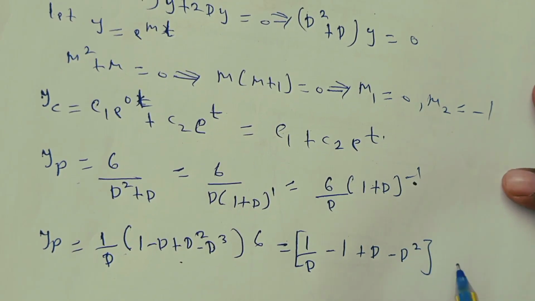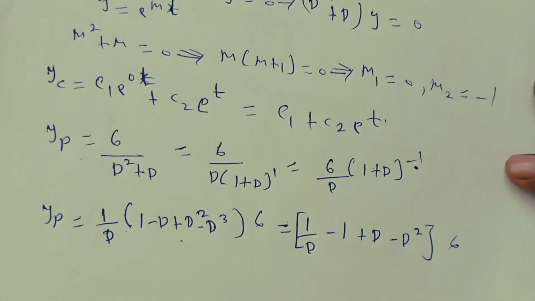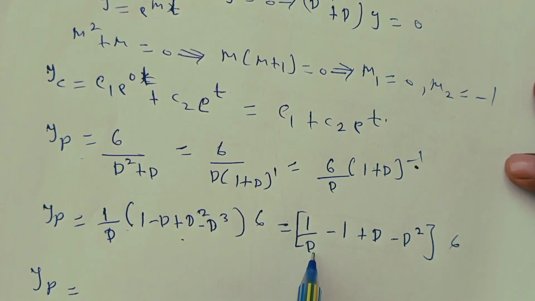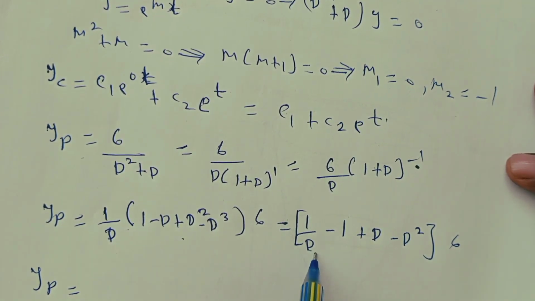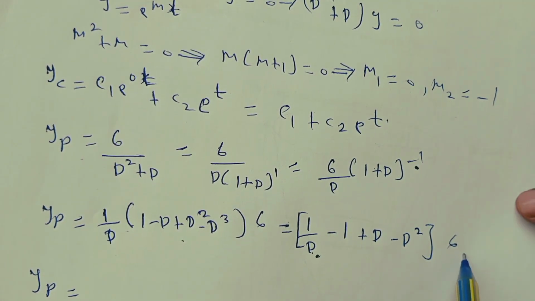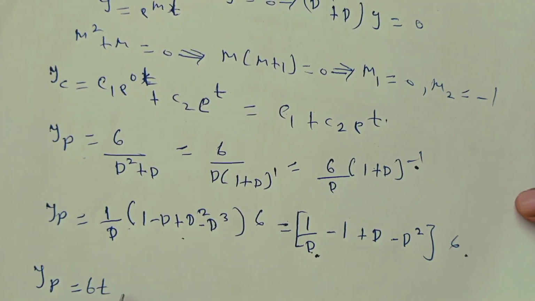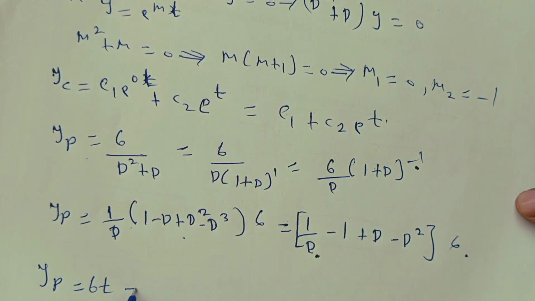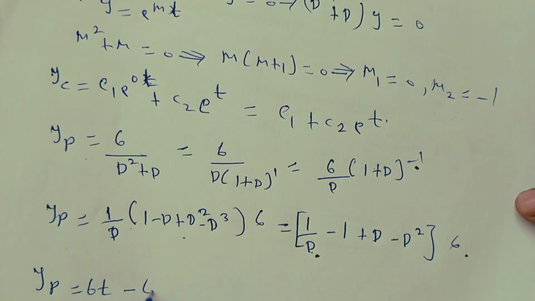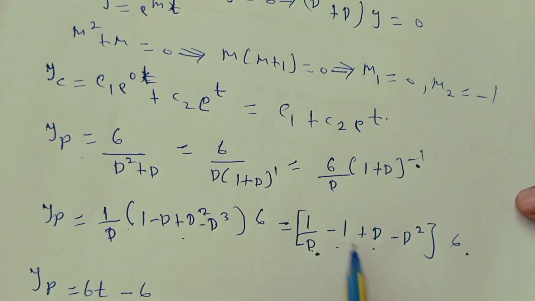Everything here, we are operating on our 6, whereby our yp will be equal to 1 over D, which means we integrate. So when we integrate 6 with respect to t, we are going to get 6t minus 6 when we multiply here.